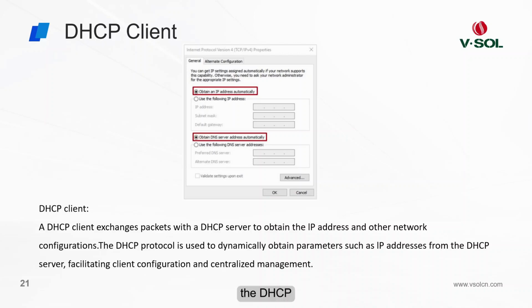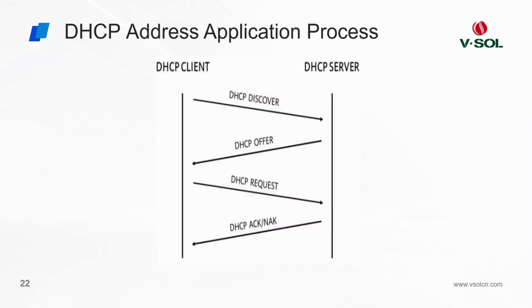The DHCP protocol is used to dynamically obtain parameters, such as IP addresses, from the DHCP server, facilitating client configuration and centralized management. Here is the DHCP process between DHCP server and DHCP client.